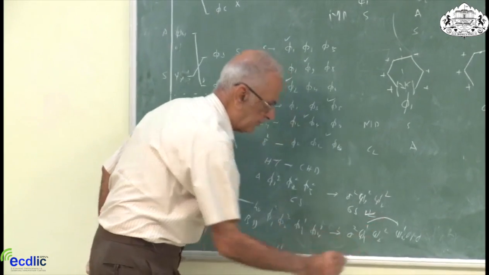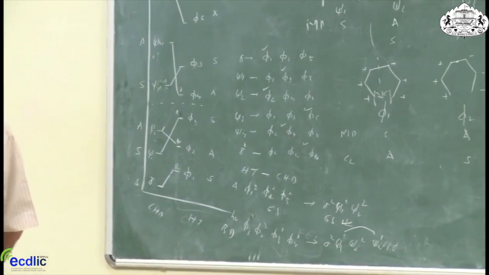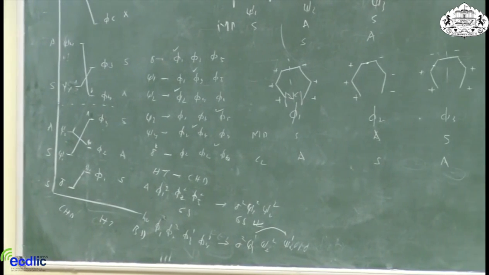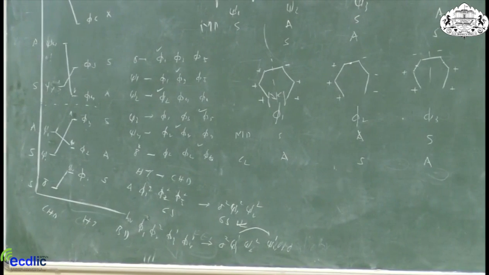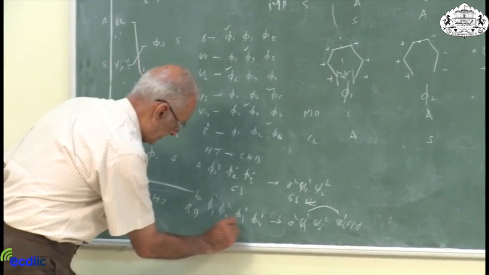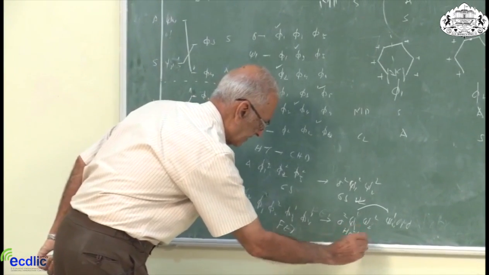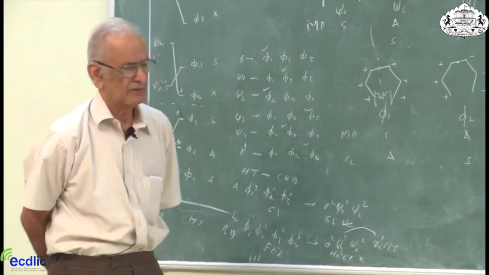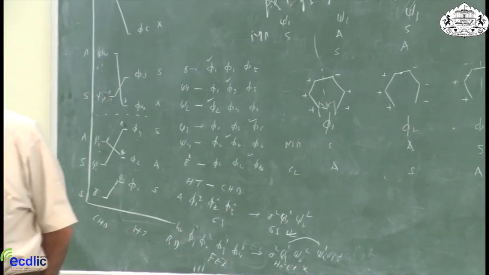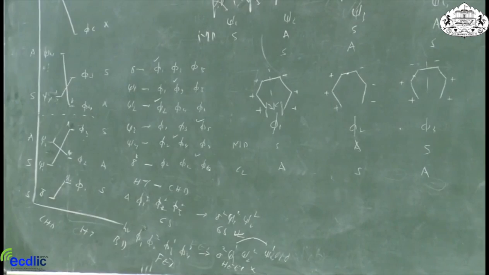It is equivalent to exciting an electron from phi 3 to phi 4. Therefore, it is a high energy excited state. First excited state gives high energy excited state. Therefore, the photochemical reaction is disallowed.